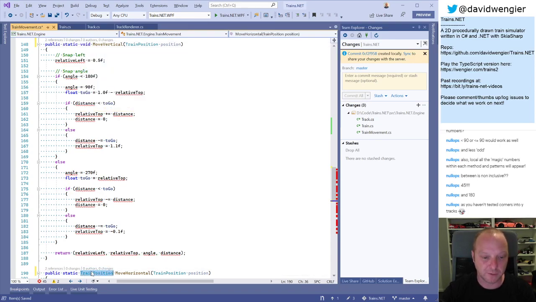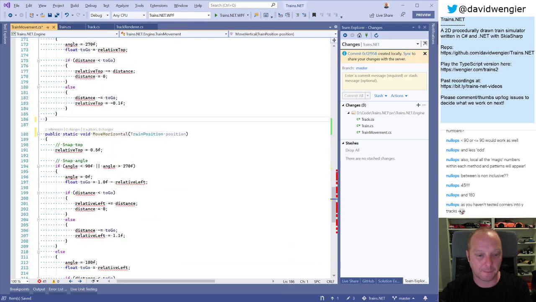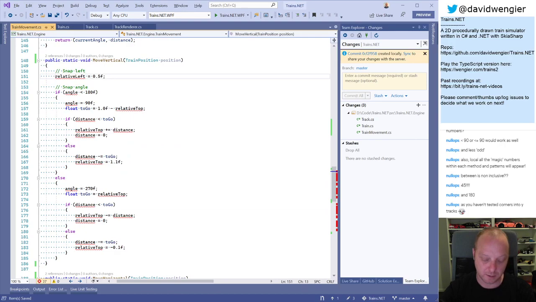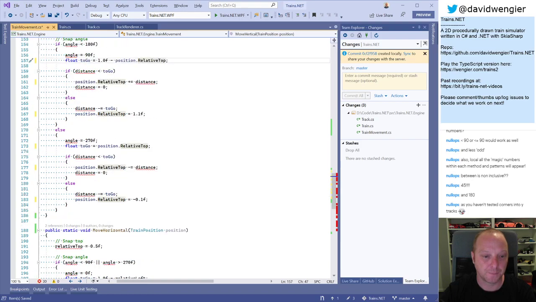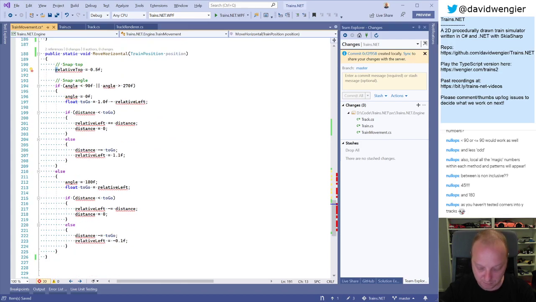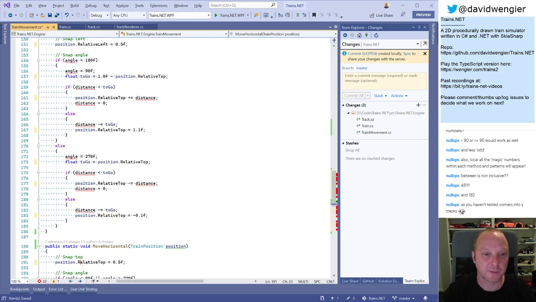I should have refactored these first. Okay. Position dot. What if there's any R's? Nope. Oh, good. Yes. Love it when a plan comes together.